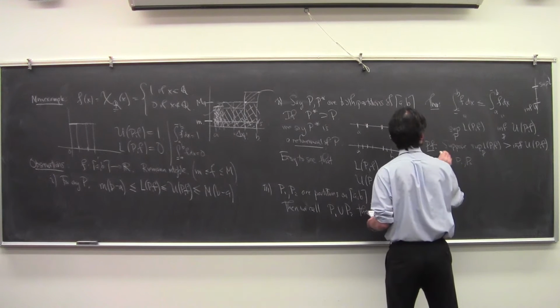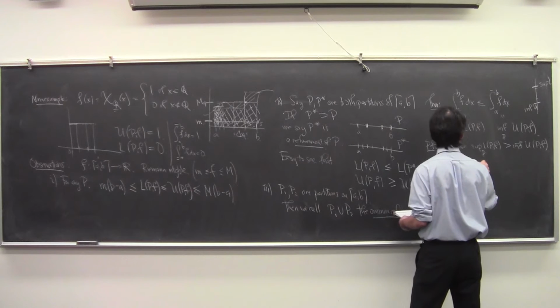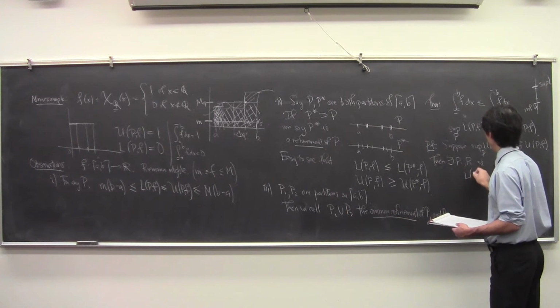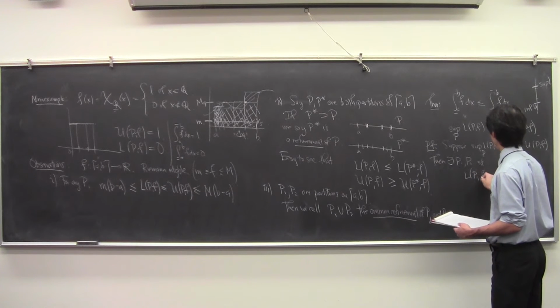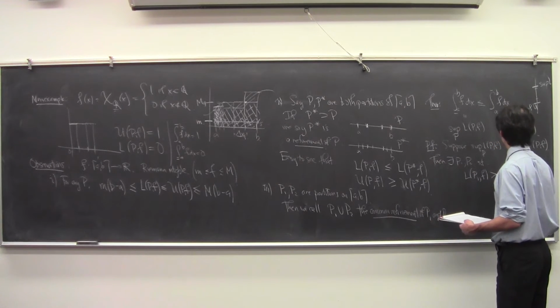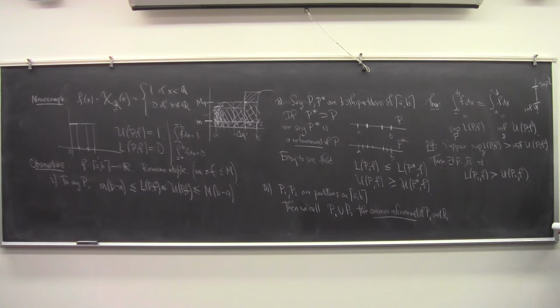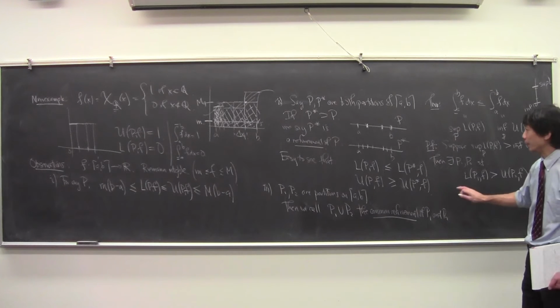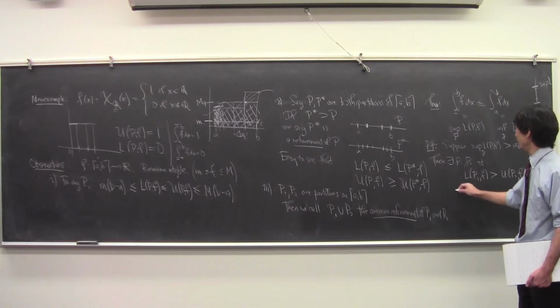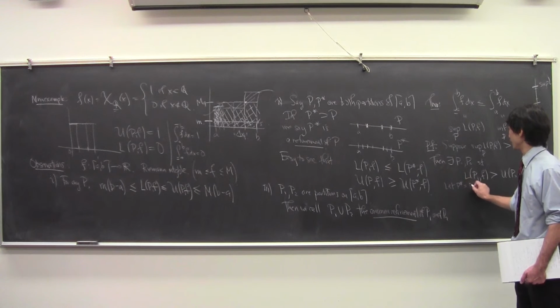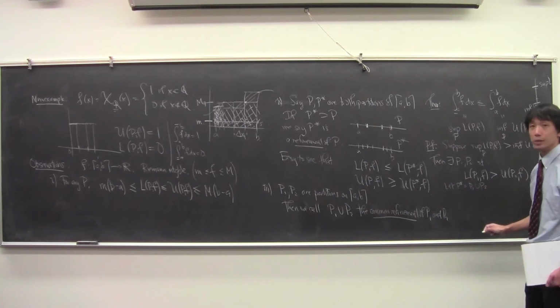So there exist P1, P2 such that L of P1, F is bigger than U of P2. And you can guess what will happen next. I'm going to take the common refinement, so let P star be the common refinement of those two.